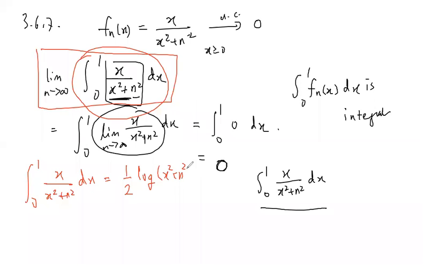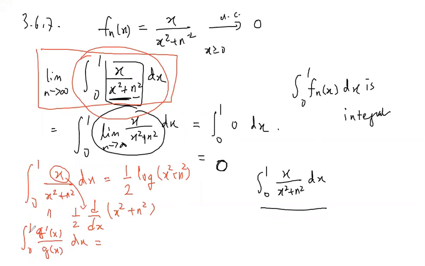Look at this part: this is basically the derivative of x squared plus n squared, times 1 over 2. So it can be seen as a form like f prime x over g x.